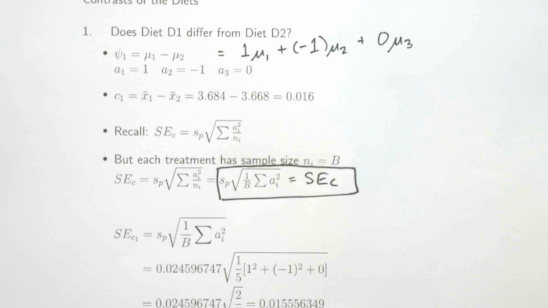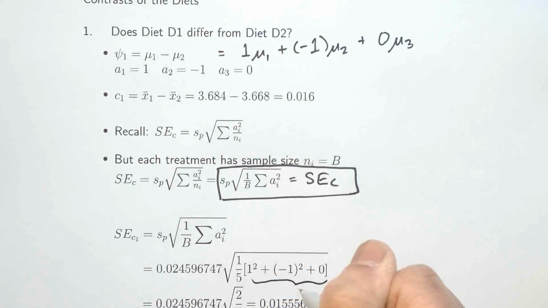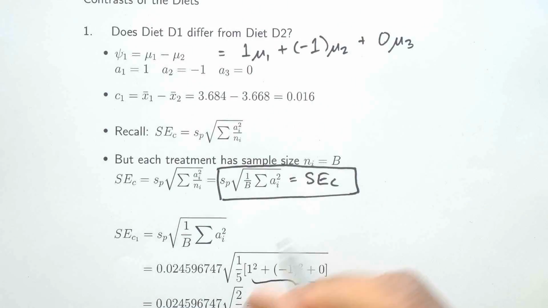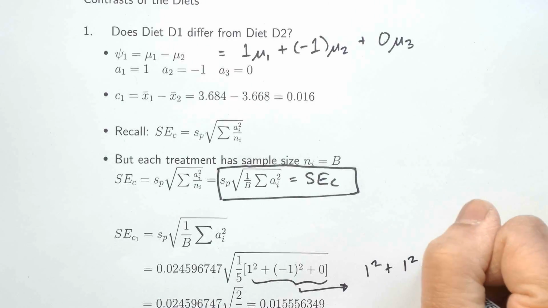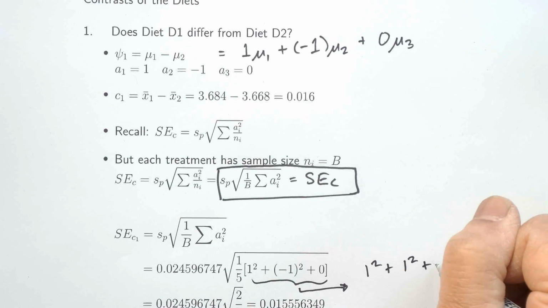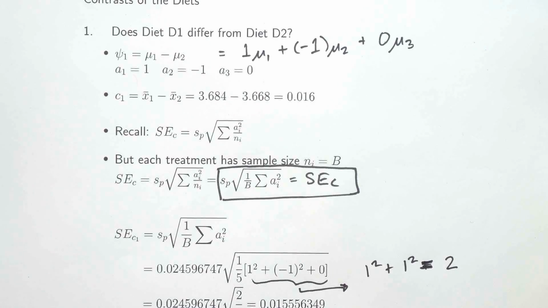So working with contrast 1, remember we had a positive 1 and a negative 1 for A1 and A2, and then 0 for A3. So we have 1 squared plus minus 1 squared plus 0, which we don't need to worry about. That just gives us a 2, 1 plus 1.